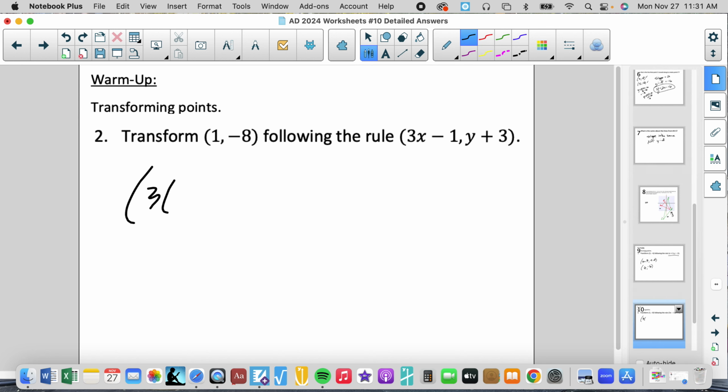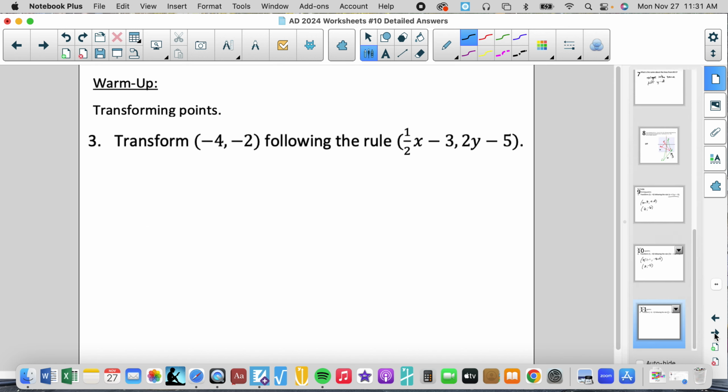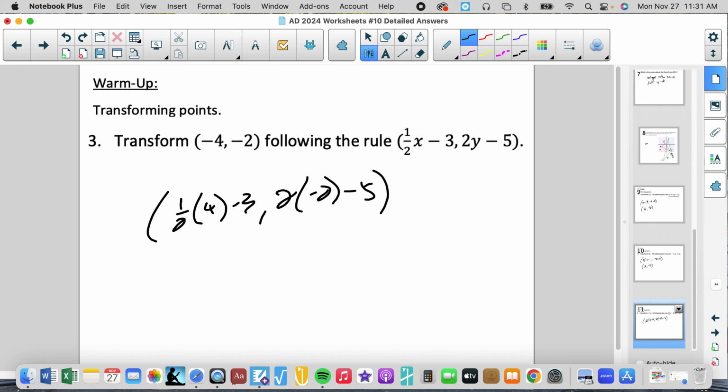We plug it in, and we plug it in. So that's going to be 2, negative 5. So 2, negative 5 would be your new point, and the transformation would be 1/2 times 4 minus 3, and 2 times negative 2 minus 5. So that gives you negative 1. That gives you negative 9.